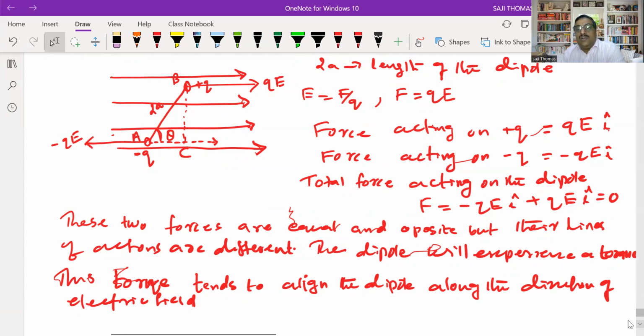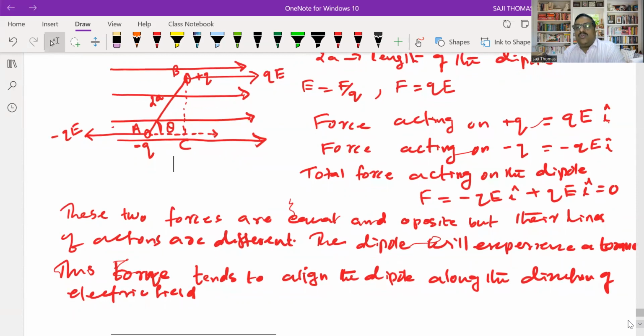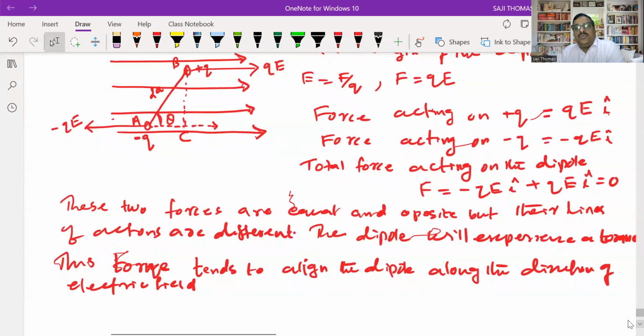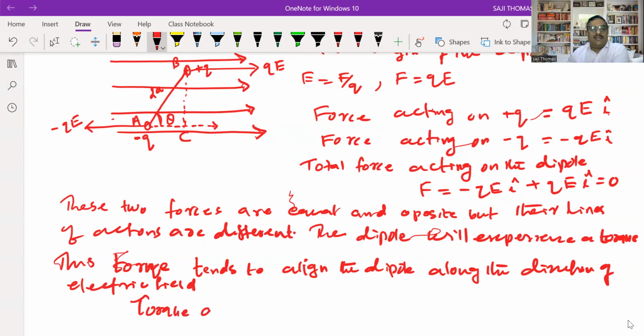Now you can calculate torque. You know how to calculate torque. What is the equation? Magnitude of either force into perpendicular distance between the forces. So, torque acting on the dipole. What is the equation?